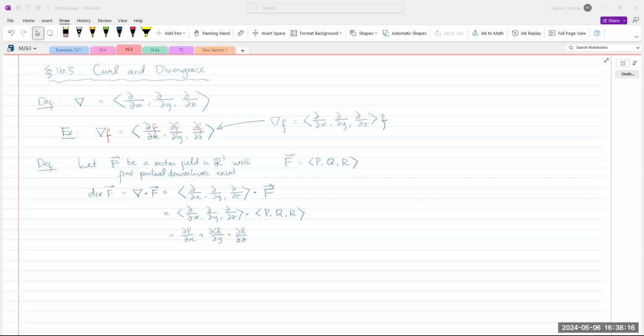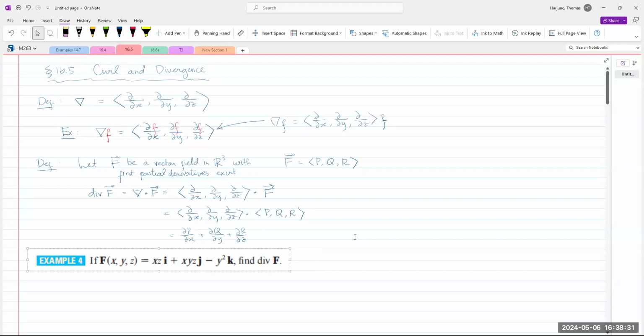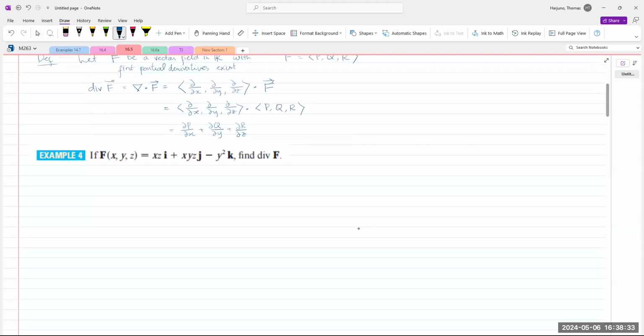Okay, now let's take a look at an example. I will use an example from our textbook, example 4. Now you will see this part is actually on the easier side. So suppose I have this vector field here, then find the divergence of F. Well, the divergence of F, you can use div F with vector notation.